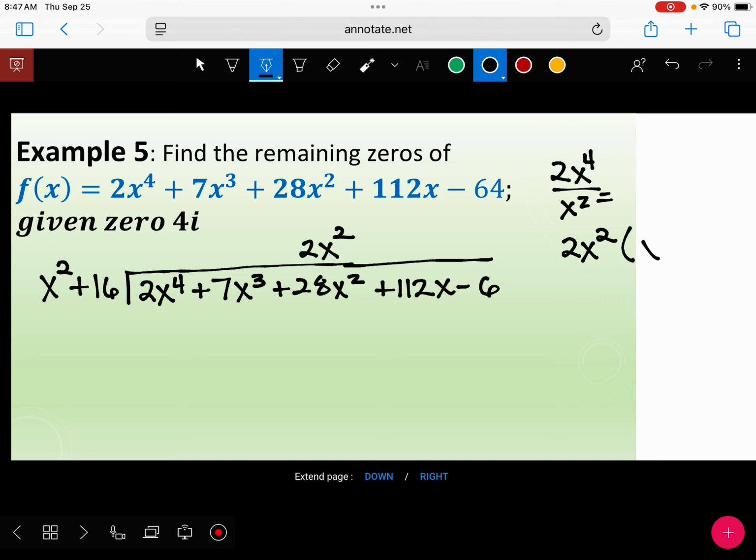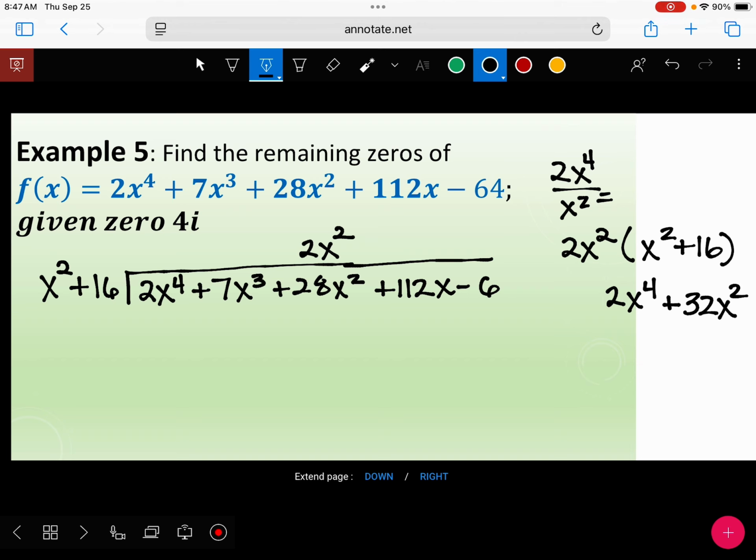So 2x squared times x squared plus 16. You want to make sure that's right. So we got x squared times x squared. That would be x to the 4th. And then 2x squared times 16 is 32x squared.